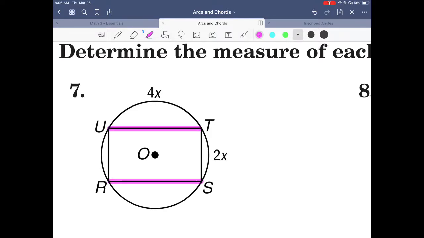If UT is congruent to RS, if this section is 4x, this will also be congruent, and this section will be 4x. Likewise, TS will be congruent to UR, and if this one is 2x, this one also is 2x.